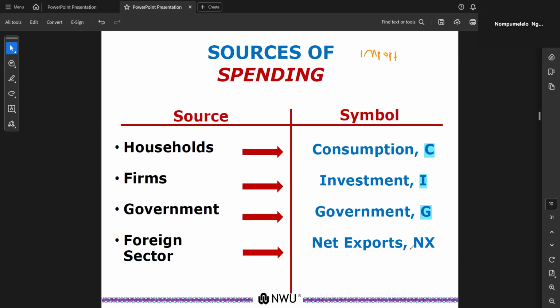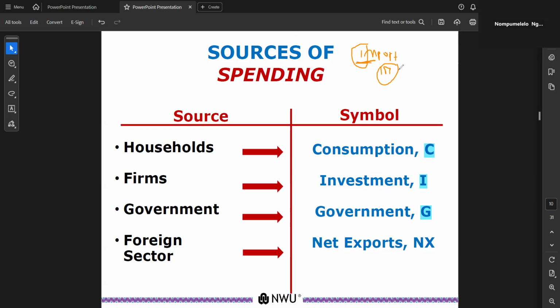To know which one indicates the goods coming into the country and which one indicates the goods leaving the country, I just look at the first letter, the I in imports. Imports means that goods are coming into the country. This is indicated by the I at the beginning of this word.